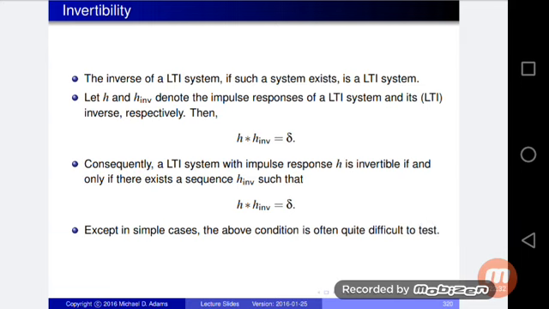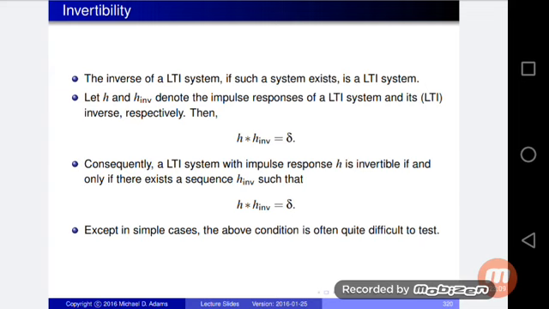Next one is invertibility. Already we discussed this in earlier classes. h inverse represents the invertibility of the system, so it is represented as the inverse LTI system.